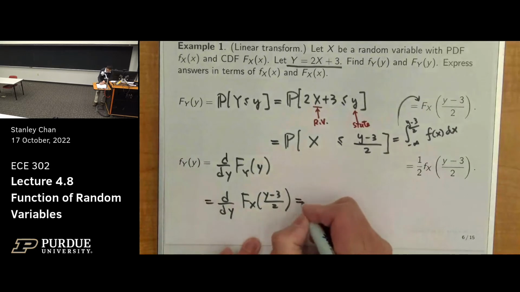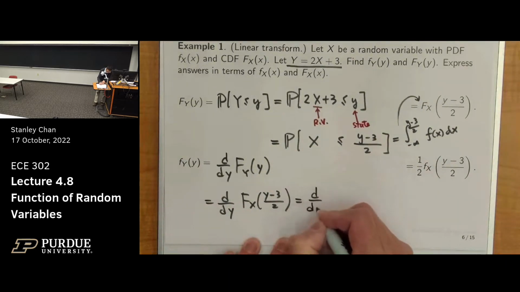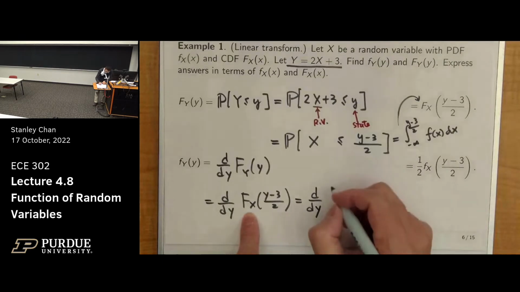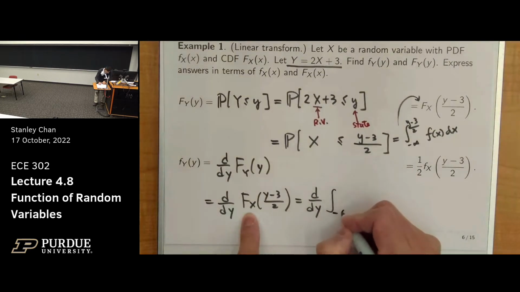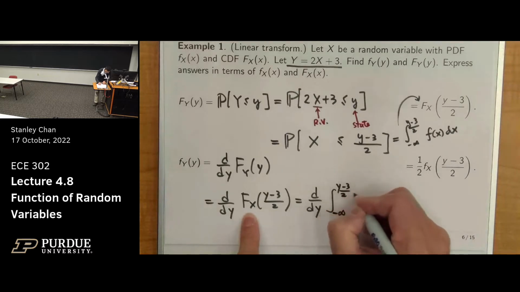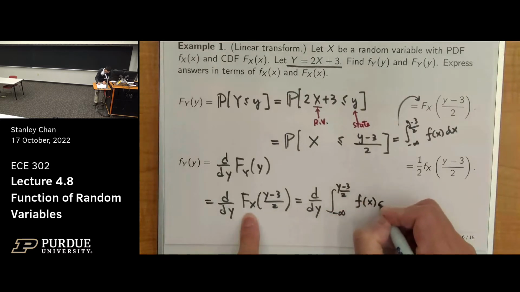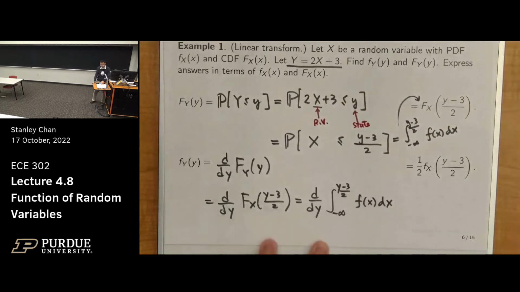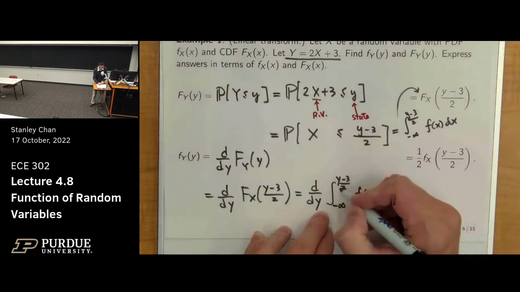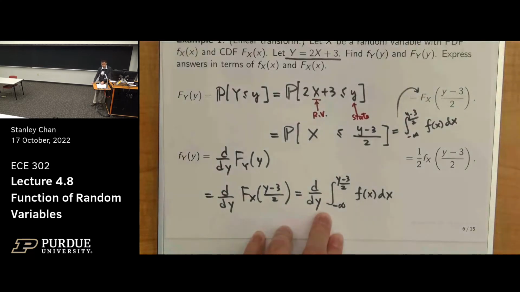Now, what is this integration? This is d/dy of the integration from minus infinity to (y minus 3) divided by 2 of your f_X dx. Okay, so this is a derivative of an integral where the variable y is sitting in the upper limit.